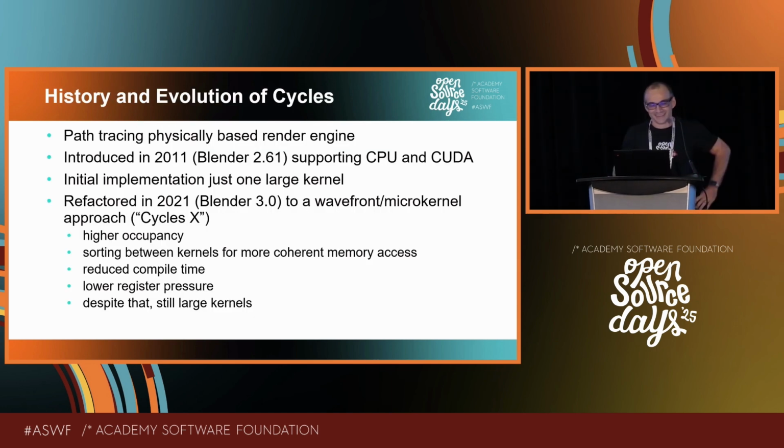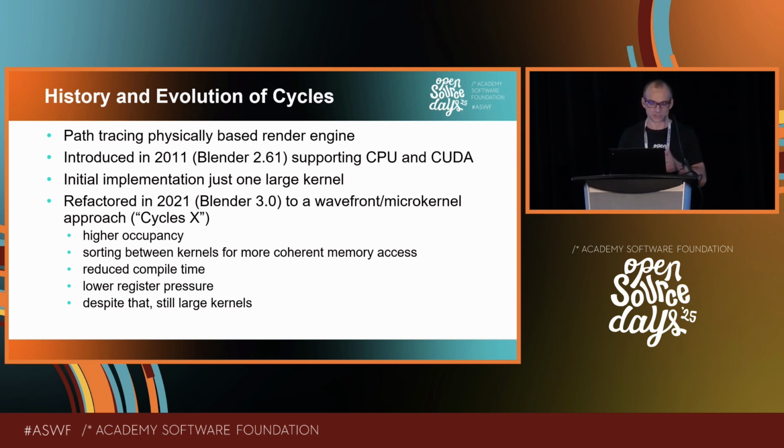So, for those not too familiar with Blender and Cycles, I'm assuming everyone here knows what Blender is, but maybe not everyone is familiar with Cycles. It is a physically based path tracer, and it started in 2011, back then as a CUDA and CPU renderer.